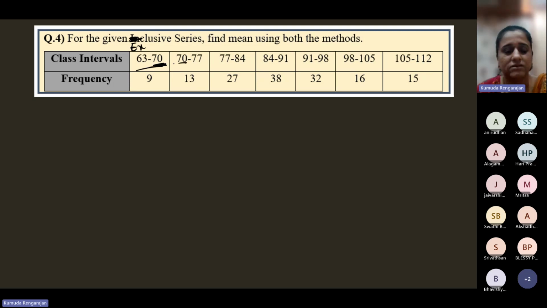I'll correct this one. If you look at 70, the upper limit 70, it does not belong to 63 to 70. It belongs to the next class interval. So 70 is excluded from this class interval. So exclusive series.